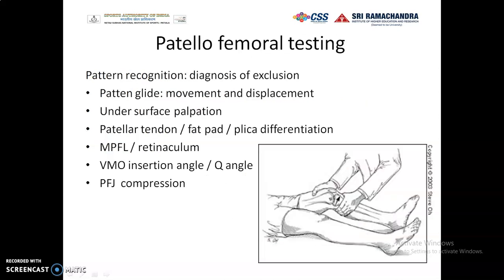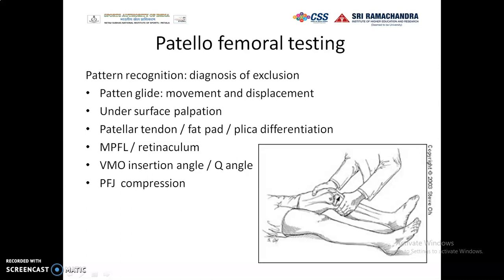And when we talk about patellofemoral testing, again we have to use the clinical reasoning process called pattern recognition. So we use pattern recognition to exclude. So we call it the diagnosis of exclusion. So we try to exclude what is not up to that. Once you start assessing the patellofemoral pain or dysfunction, we have to move the patella, the quality of the movement of the patella in the knee joint.